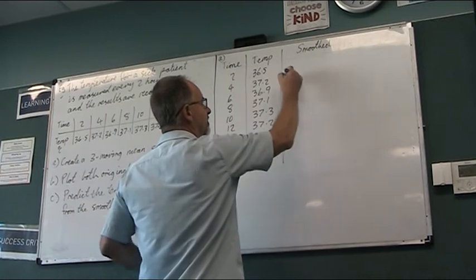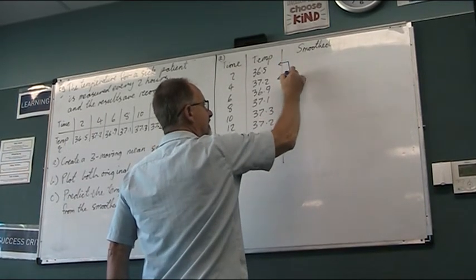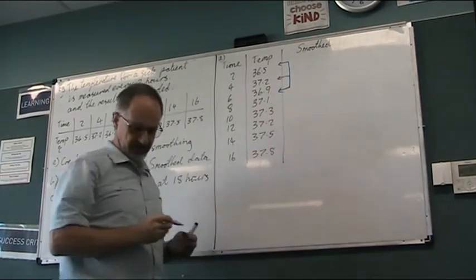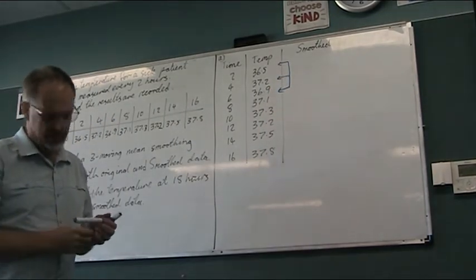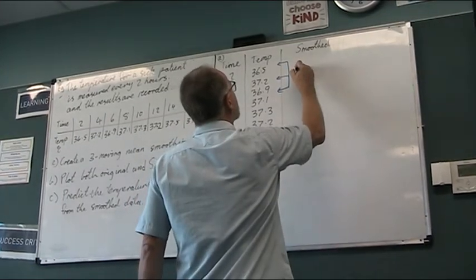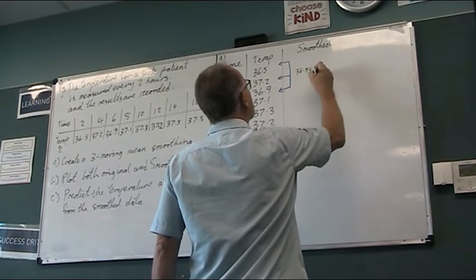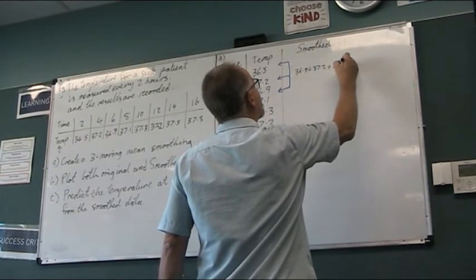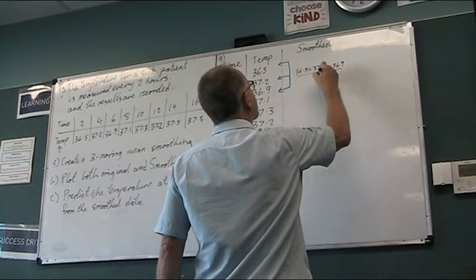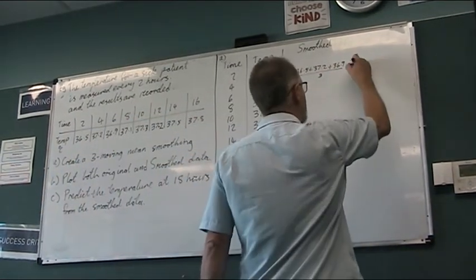This is the first one we can smooth, and if we're using 3, it would be those 3. So for 4 hours, we'd add those together, 36.5 plus 37.2 plus 36.9, divide that by 3, because I've prepared one earlier, it's 37.687.